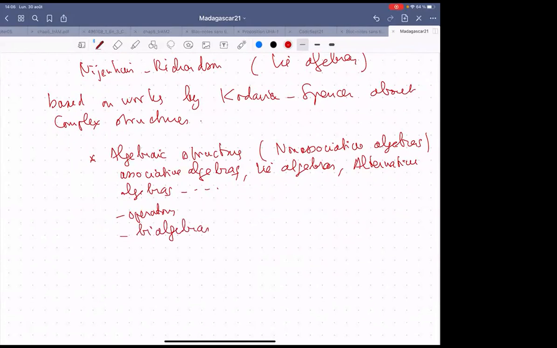What are bialgebras? Bialgebras are algebra plus coalgebra with some connection between both, with additional conditions expressing compatibility.